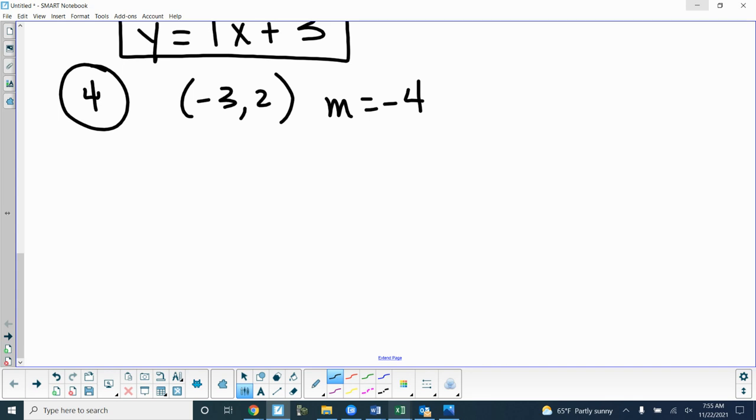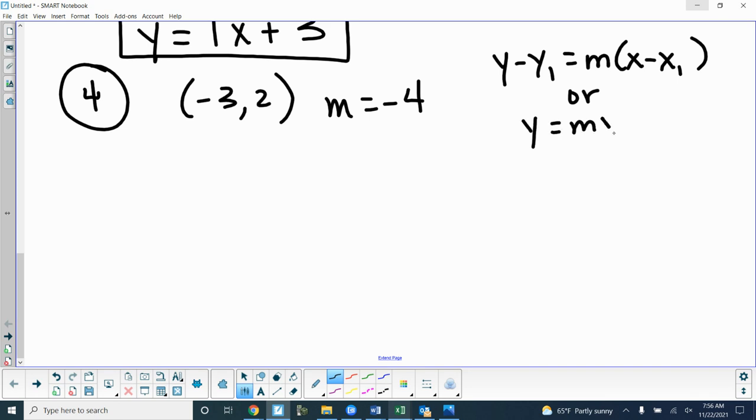So there's 2 ways to do this. You can use point slope formula. y minus y1 equals m times x minus x1. Or you can just put it in that one. I'll do both ways for you. You use whatever way you want.